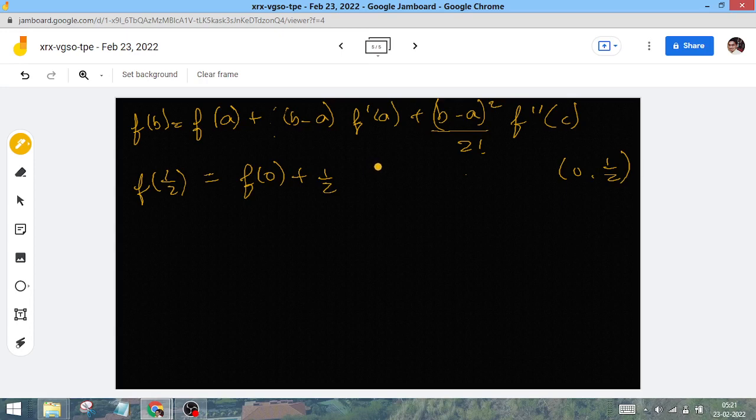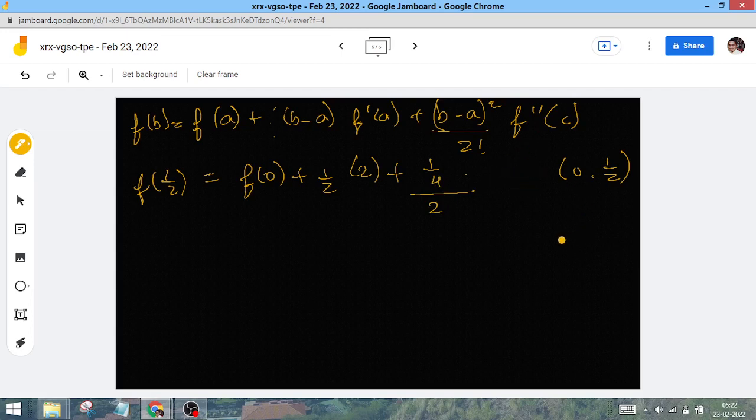As we have found in the previous slide, f dash of a, that is f dash of 0, is 2, plus b minus a the whole square, which is 1 by 4, by 2, and again f double dash of c.